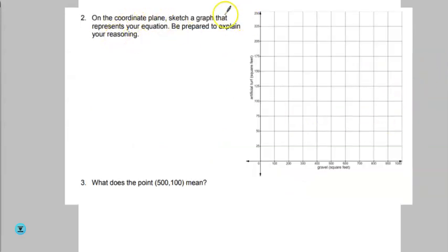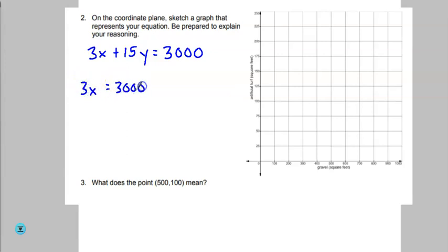So the next step was, on the coordinate plane, sketch a graph that represents your equation. Now, I would graph this 3x plus 15y equals 3,000. I would use the intercepts. And using the intercepts just means I'm going to leave off the y, act like y doesn't exist, or make y 0. So if 3x equals 3,000, divide by 3, x is going to be 1,000.